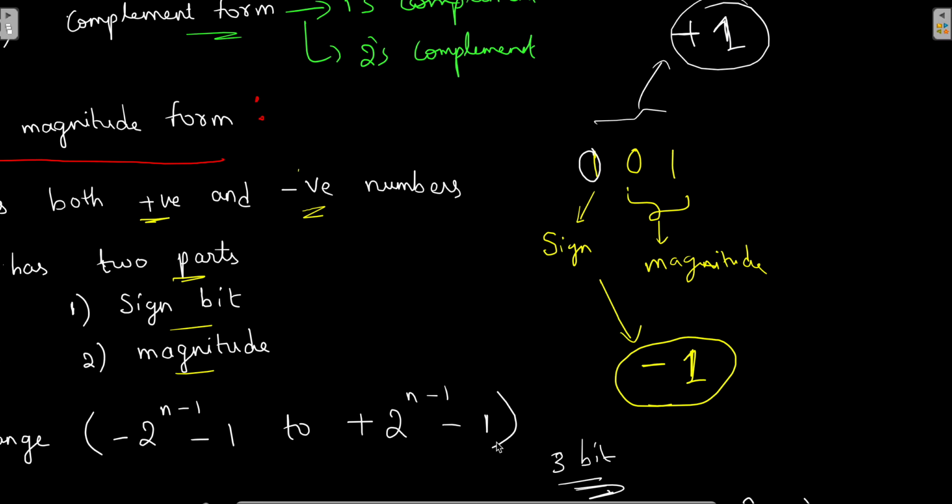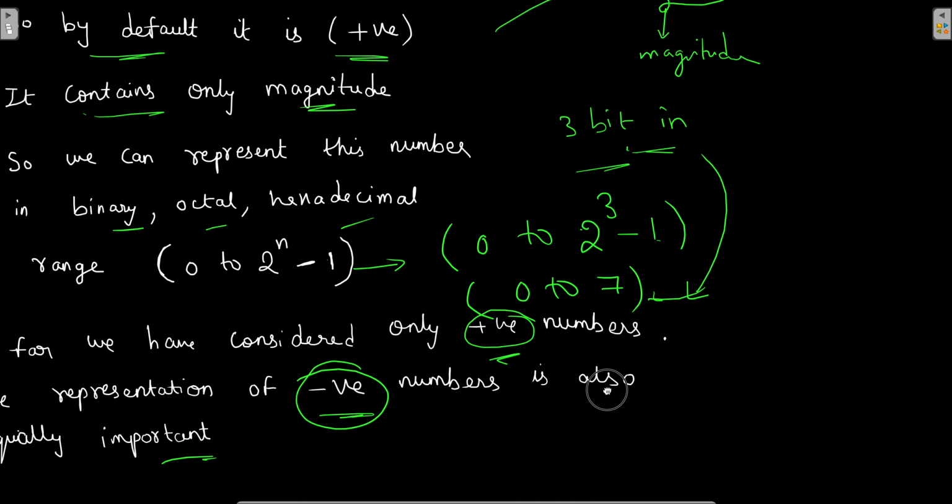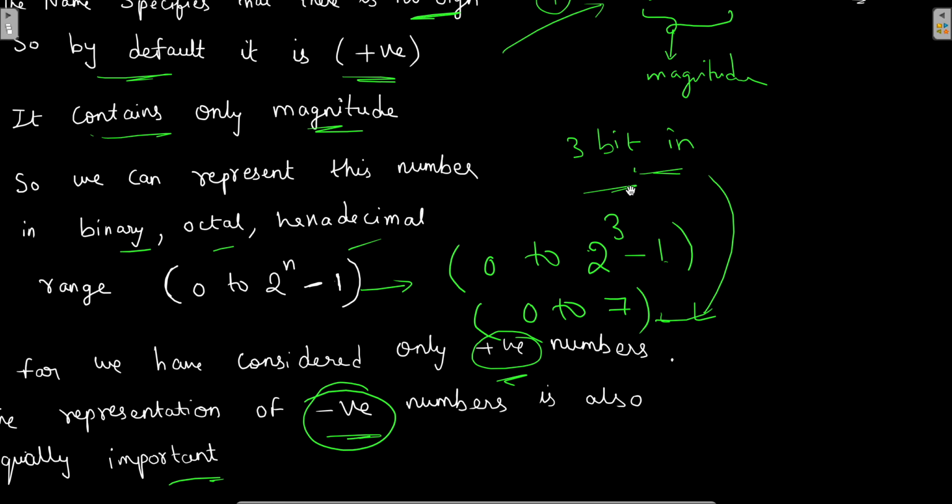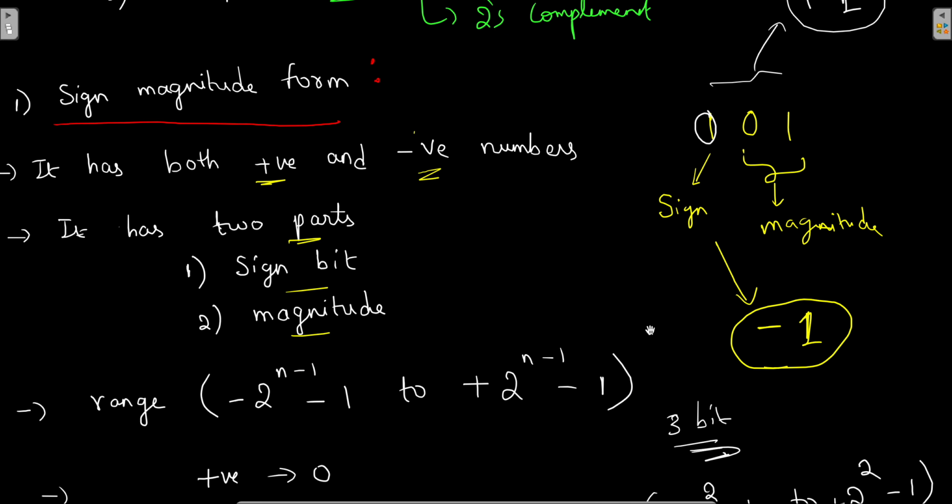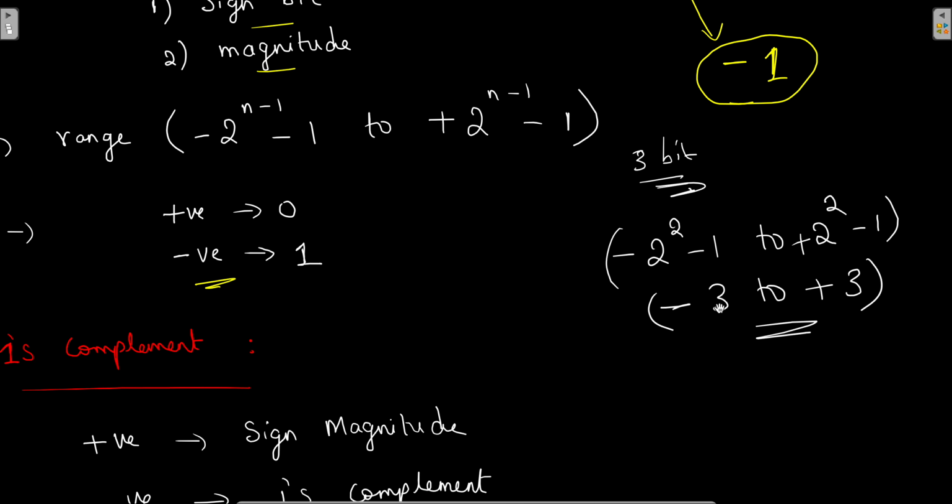For unsigned, the range is 0 to 7 for 3 bits, but for signed it is minus 3 to plus 3. This way the range changes for the same 3 bits.